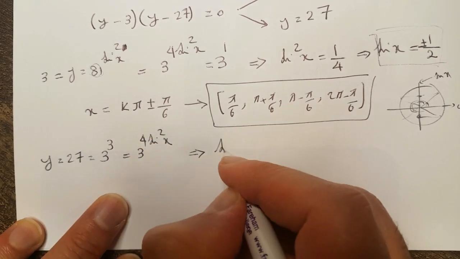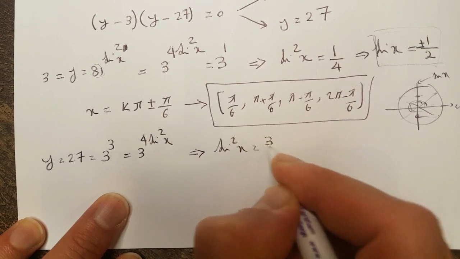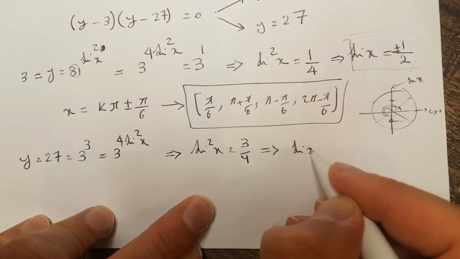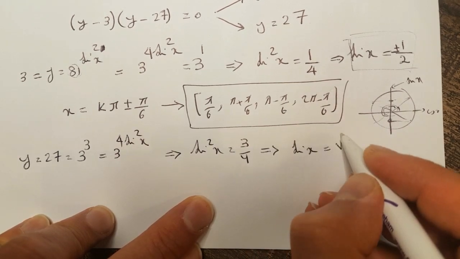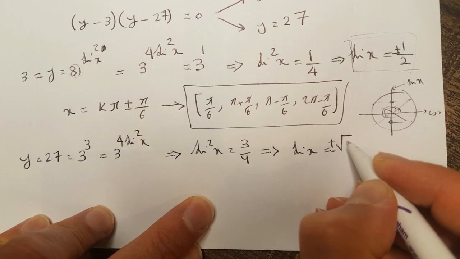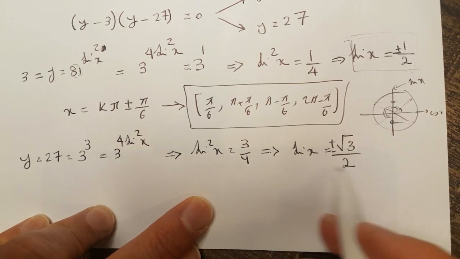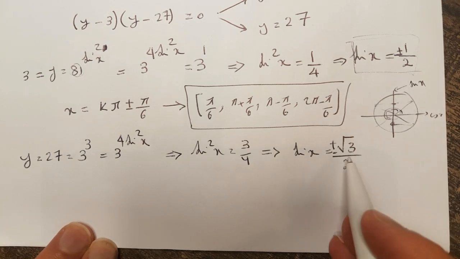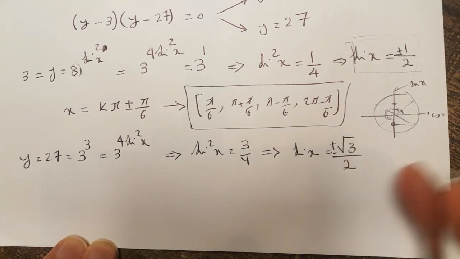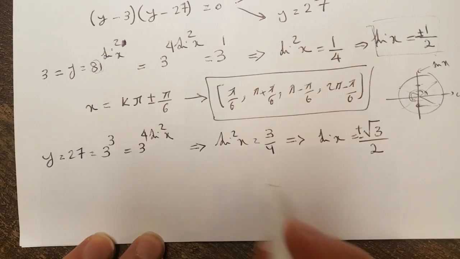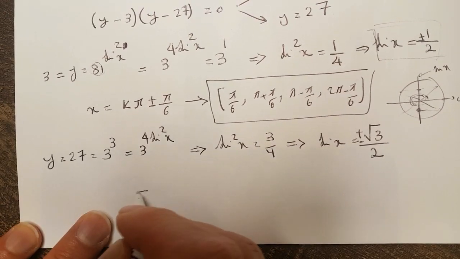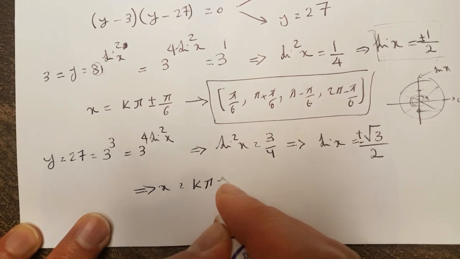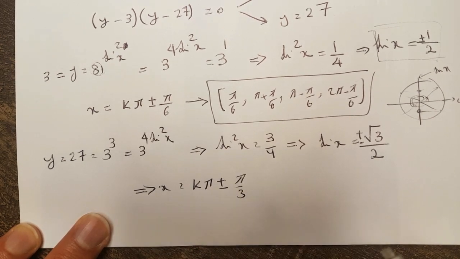Then from here sine squared of x is 3 over 4, and sine of x will be plus and minus square root of 3 over 2, which means, on the unit circle, x will have the form of x equal to k pi plus minus pi over 3, or 60 degrees.